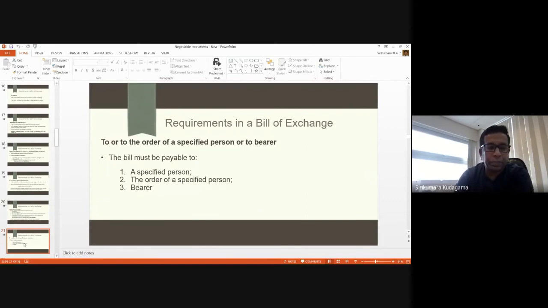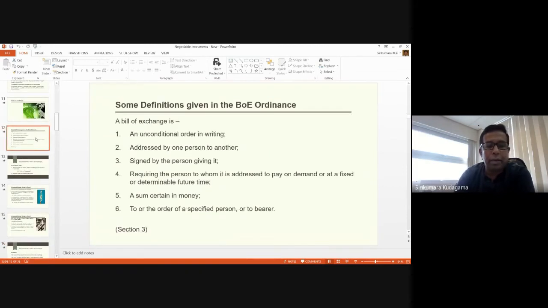Then, to whom is it payable, the person being required to pay the sum of money? We'll go to slide number 12 again and see: to or to the order of a specified person or to bearer. Here again, there are three combinations found.